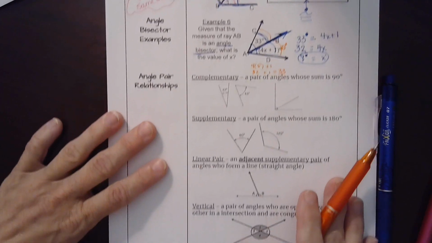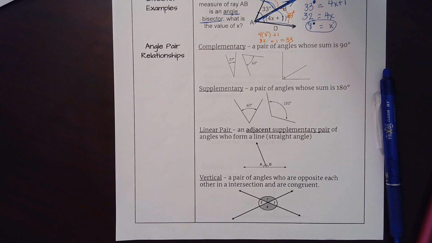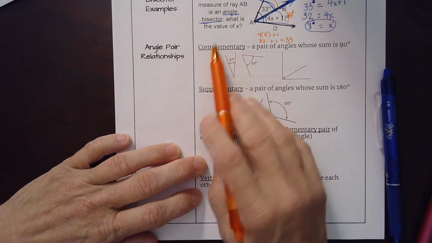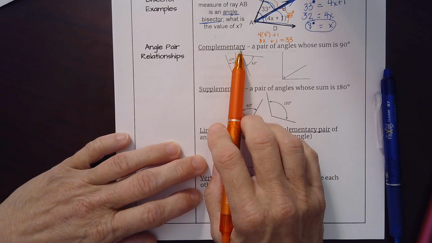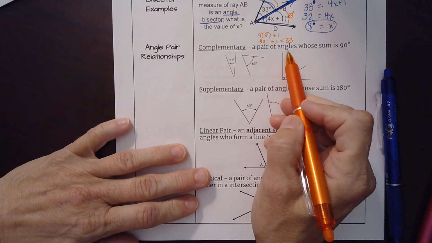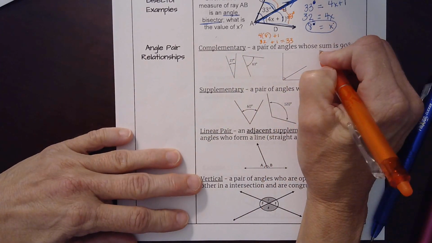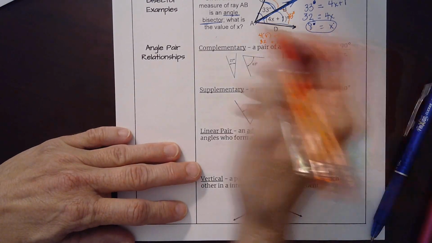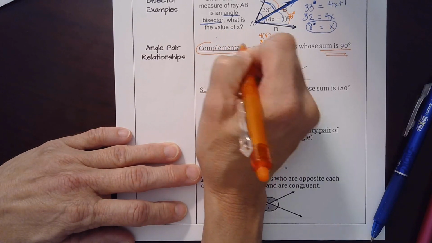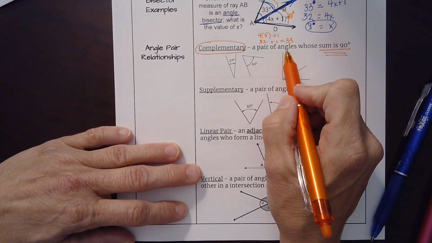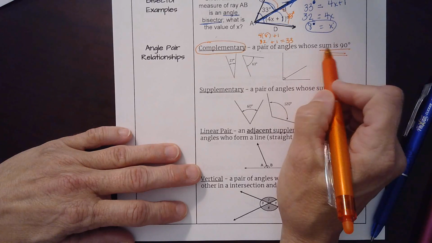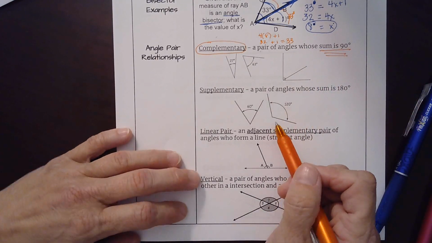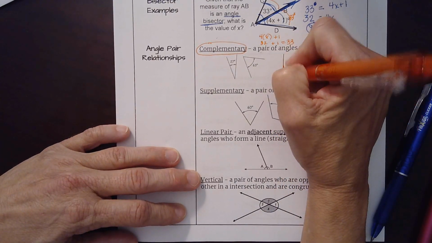Okay, so now let's talk about some special relationships. When we talk about angles that are complementary, we are talking about a pair of angles whose sum is 90 degrees. So like, I like this one right here.